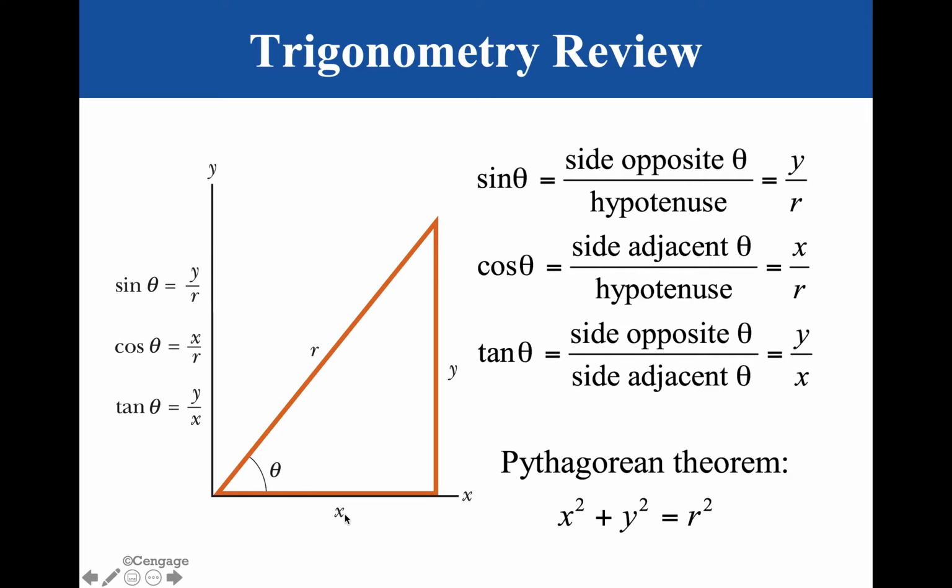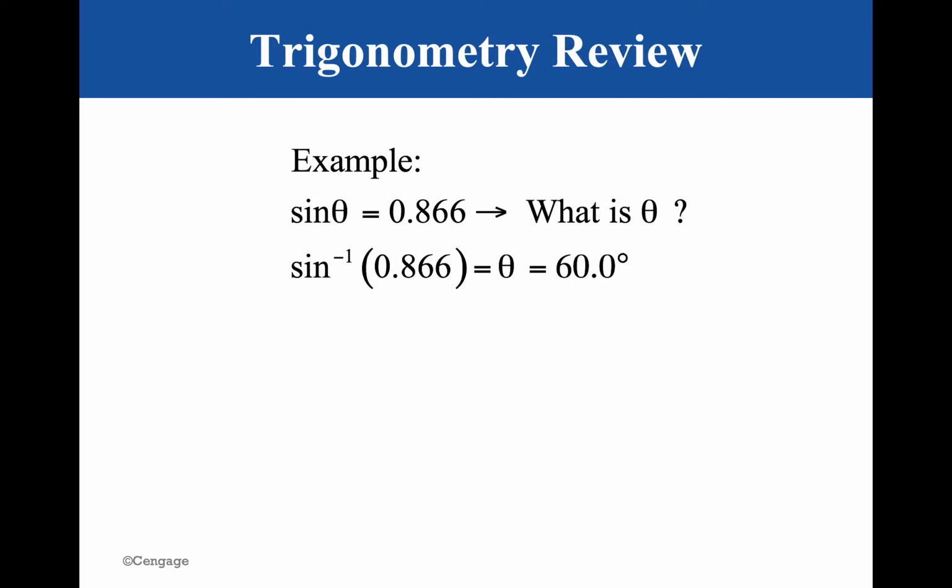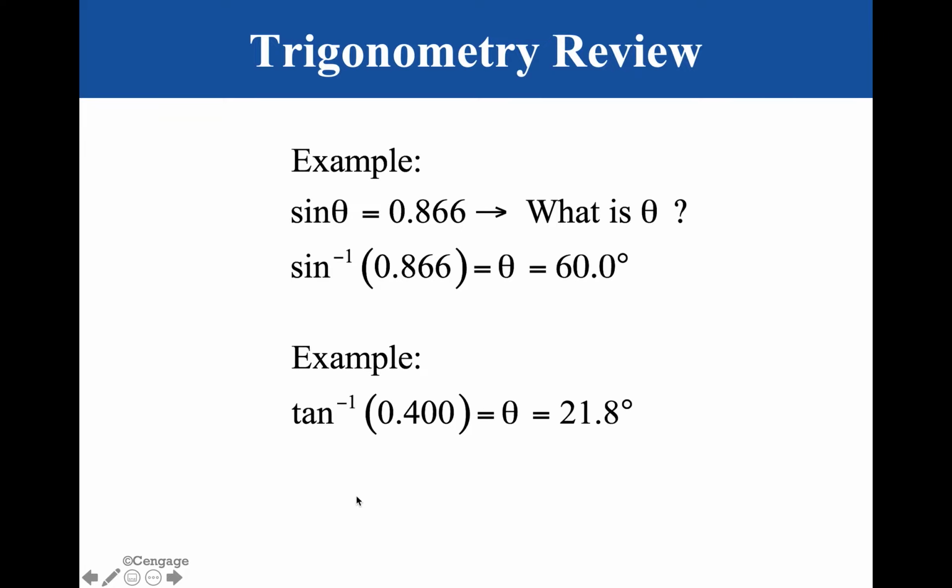Useful tool to have. Okay, and then if you have, say, the sine of the angle, meaning the opposite over hypotenuse ratio, is 0.866, you can take the inverse, and that gives you back what angle gives you that ratio. And that angle will be 60 degrees.